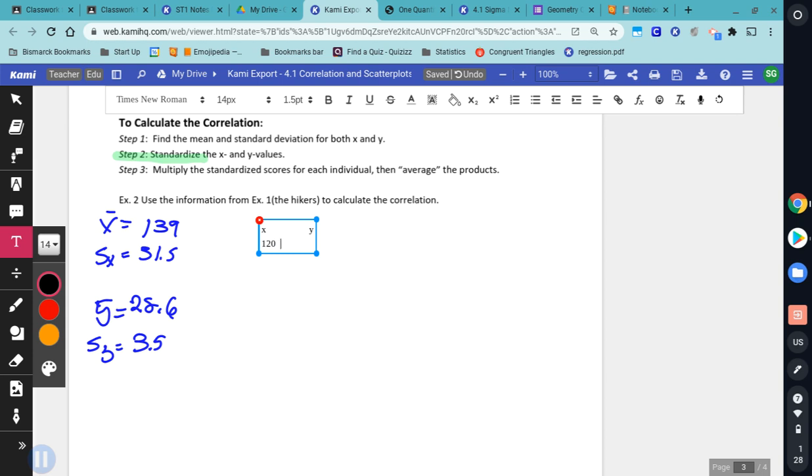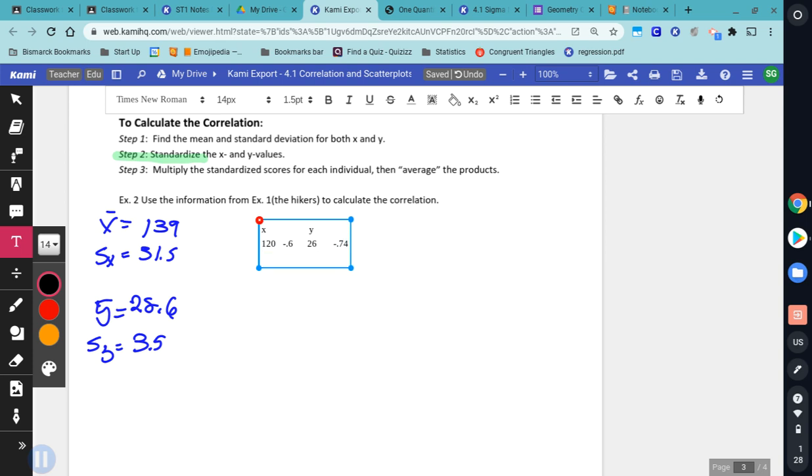So my standardized value for x is negative 0.6. And that's from the 120. The y coordinate that goes with that is 26. We're going to standardize that. So we'll take 26 minus 28.6 equals, and then divide that by 3.5. And I got negative 0.74.